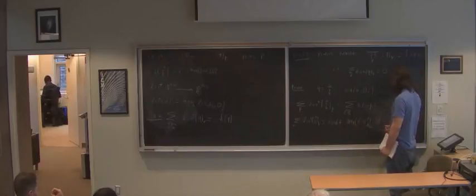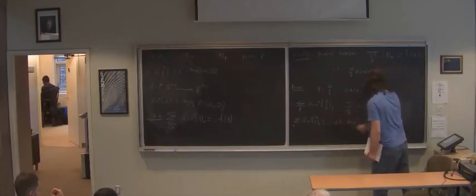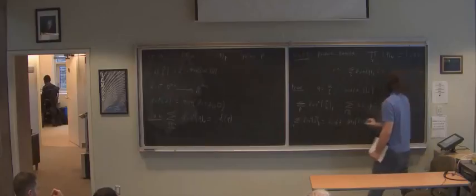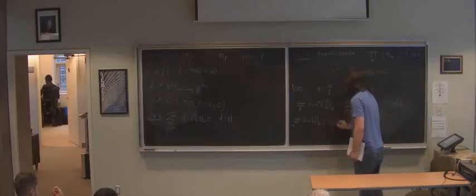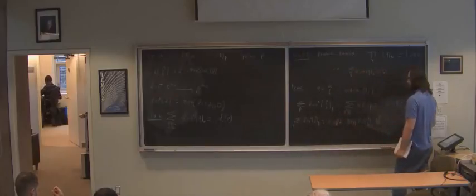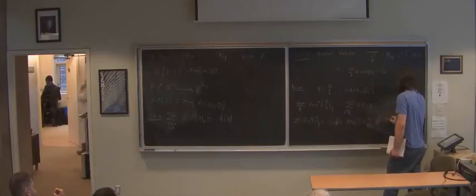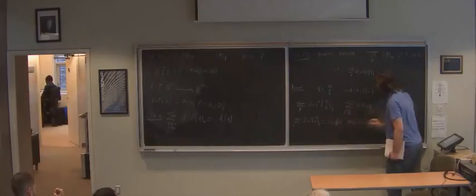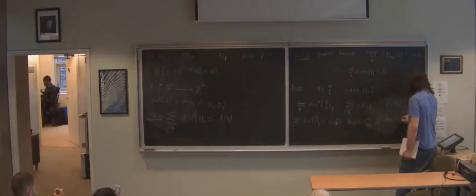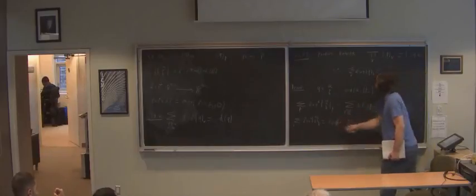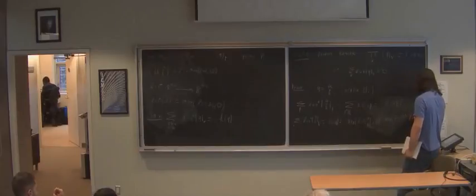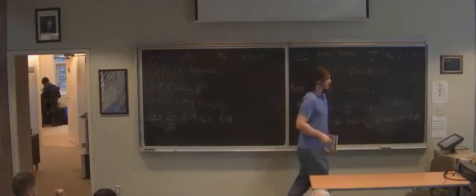Sorry, b can be negative, I guess, so I should put absolute values here. Now you just take the log inside the max, and I get max of log |a/b| plus log |b|, which is just log |a|, or 0 plus log |b|, which is just log |b|. Which is the height.